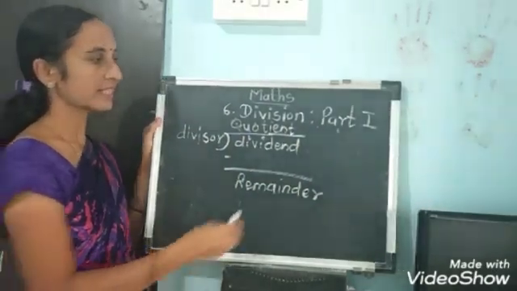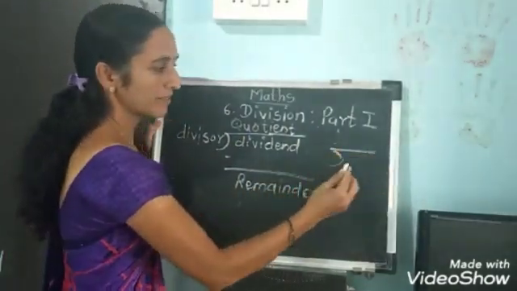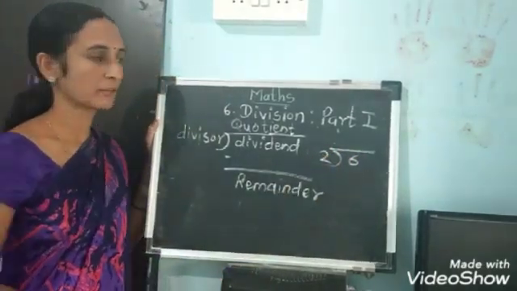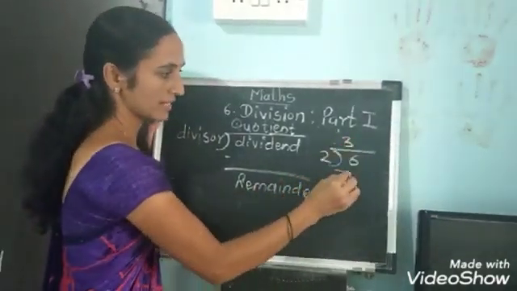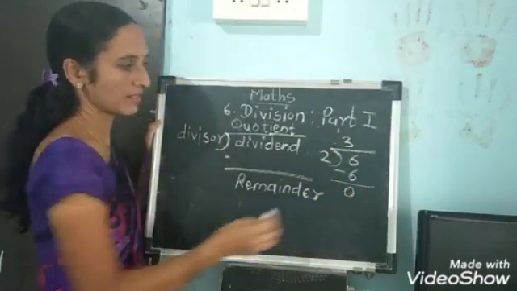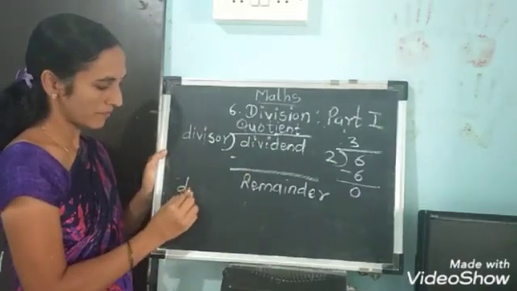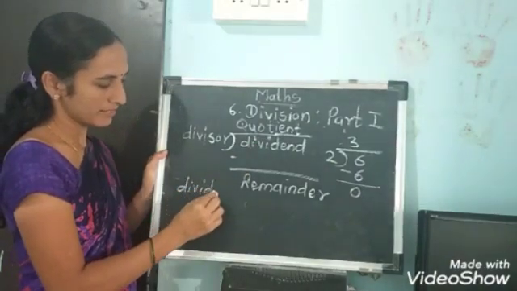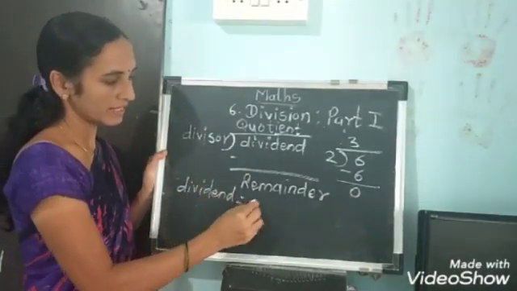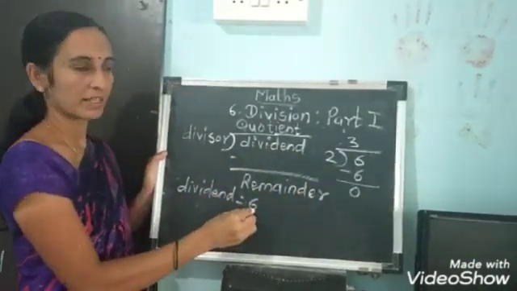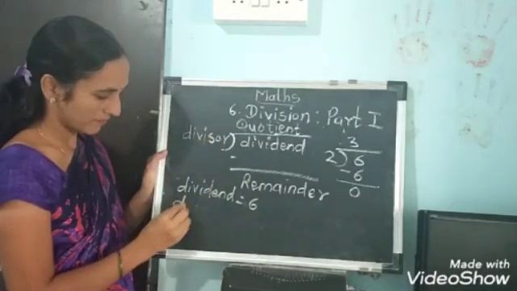See, now I will tell the example. Which example? 6 we have taken. 6 is divided by 2. 2 3s are 6. Just now I have explained this. Now tell me the numbers. What is the dividend? From the example, what is the dividend here? Dividend is 6. See, the dividend is inside, this 6. Now what is the divisor? The divisor here is 2.